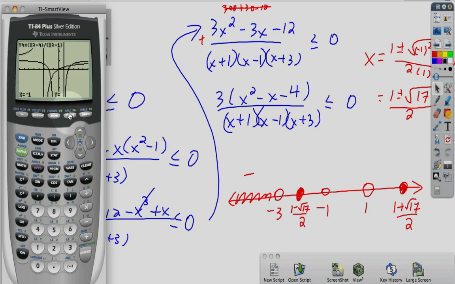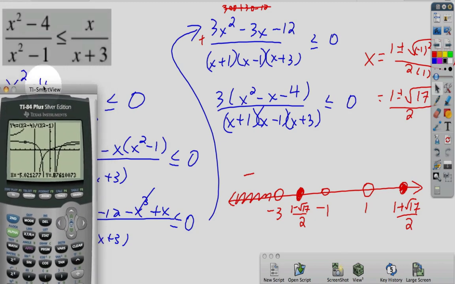So when we trace and we come over, notice these values here help you. We see that we are on the graph x squared minus 4, and it is below this graph. You see? So this graph is below that graph, which is exactly what we want. So it concurs with the beginning of our analytic method.